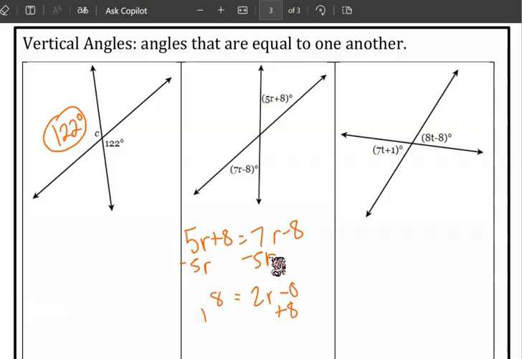Add 8 to each side. And divide by 2. R equals 8. Plug it into one of these two to get the angles. We get 48 degrees.